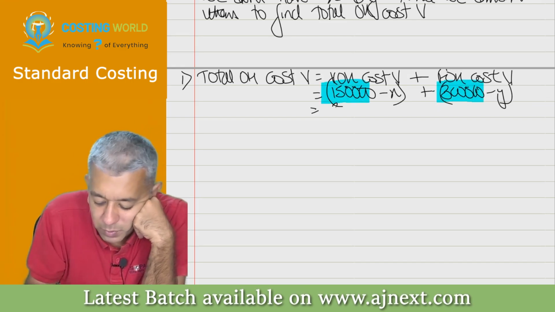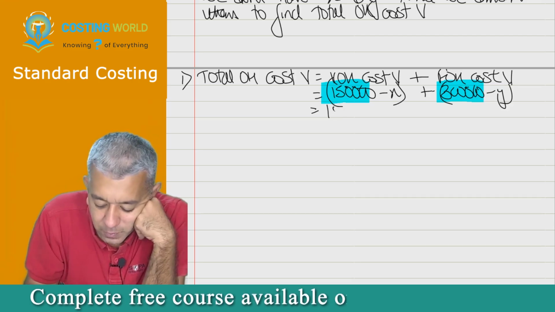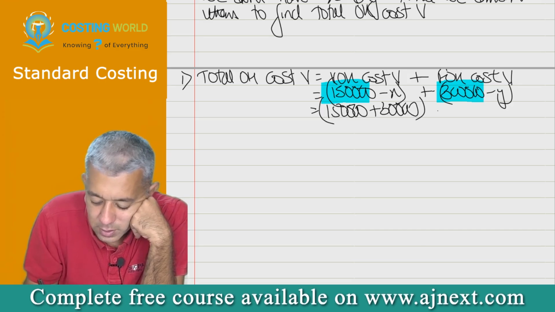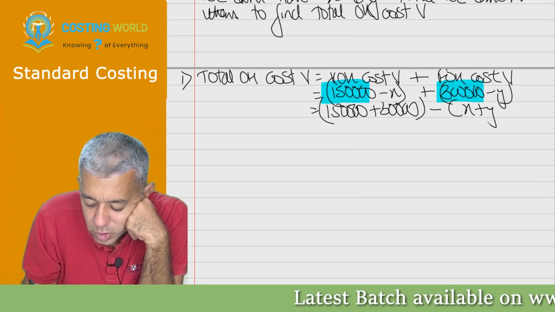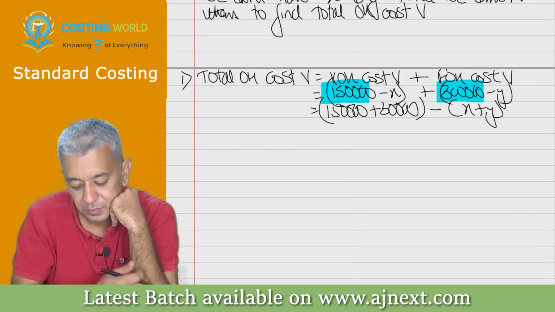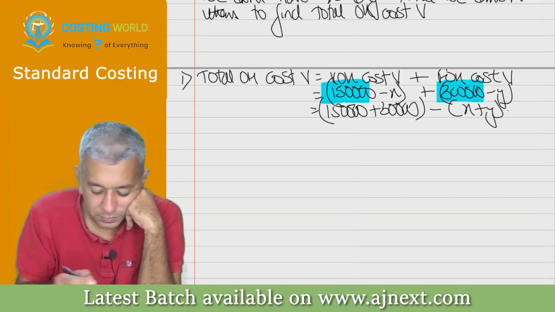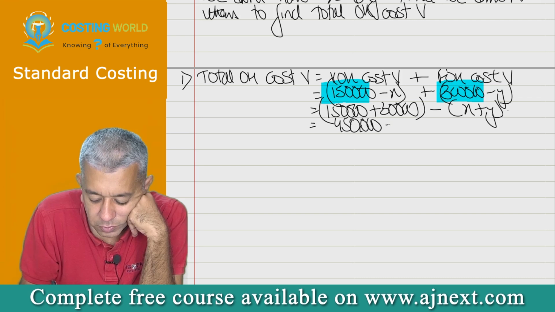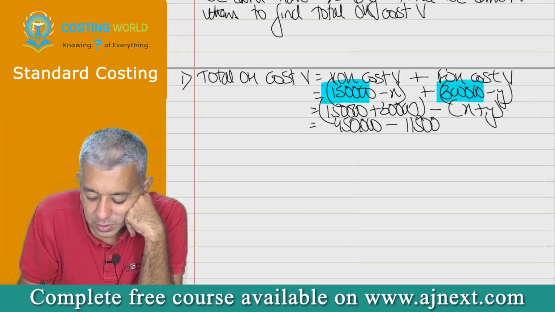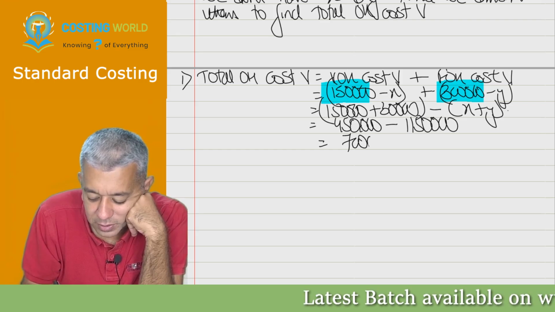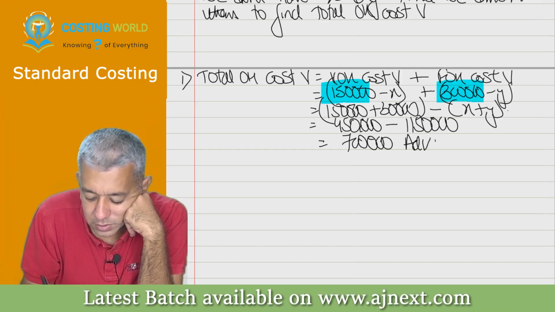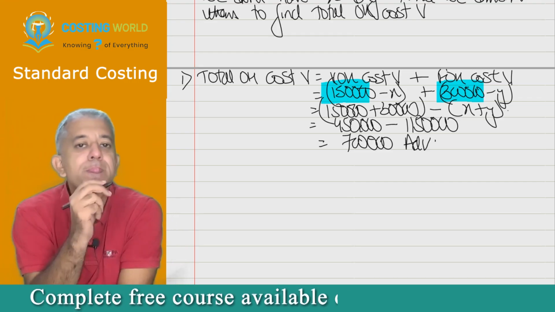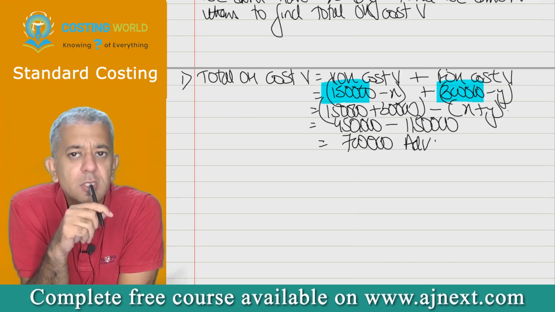Okay, so therefore, I am going to be writing 1,50,000 plus 3 lakhs. And then I will be merging their actuals X plus Y. So this is 4,50,000 minus 11,50,000, 7 lakhs adverse. Is this understood?